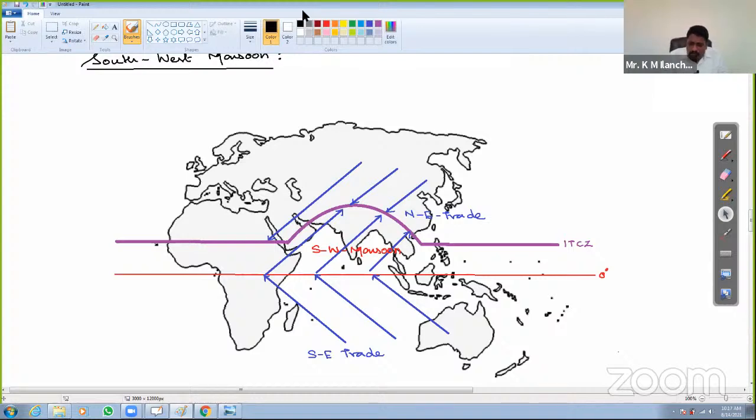The general shift of ITCZ is marked 5 to 10 degrees north of the equator.